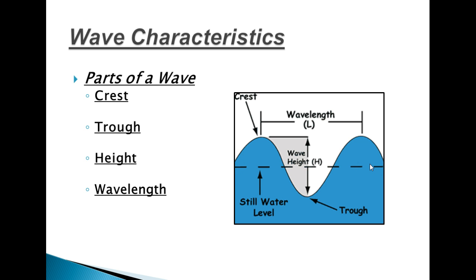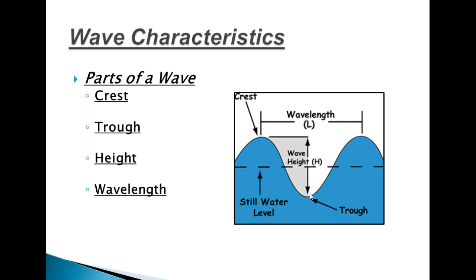Straight across. Write that the crest is the distance from the midpoint of a wave to the highest point in that wave, while a trough is the distance from the midpoint to the very bottom of it. So here's our midpoint, we call the still water level. And now this distance from here to here is called the crest, and the distance from here to here is called the trough.